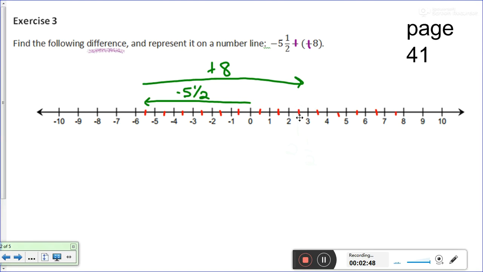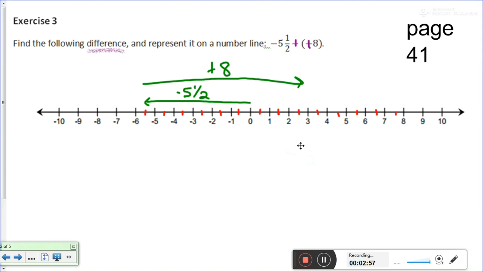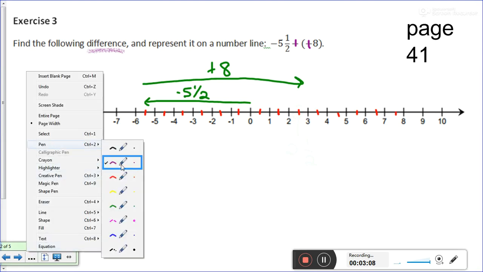Just like before, we're going to circle our final answer. It's down here somewhere. I promise. Maybe. It's hiding from me. Alright, I'll circle it a different way. We are going to circle our final answer.